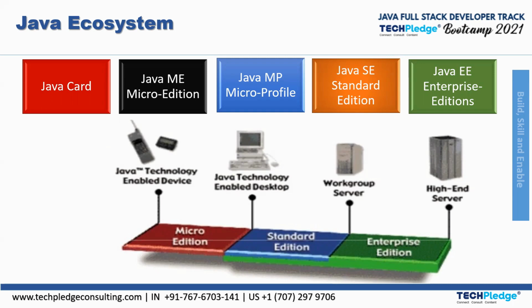All that comes together and runs smoothly in one web browser. So the Enterprise Edition helps you create that in a standard form. So these are the 5 different kinds of systems that Java has.